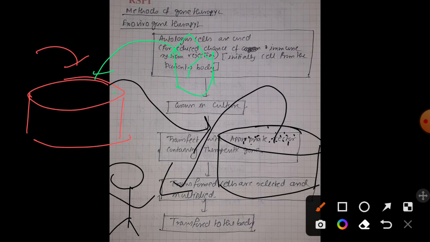Now there is a question: why have I not used any other cells? Because I could also use cells of a mouse that are readily available in the laboratory. So why are we taking cells from my own body?